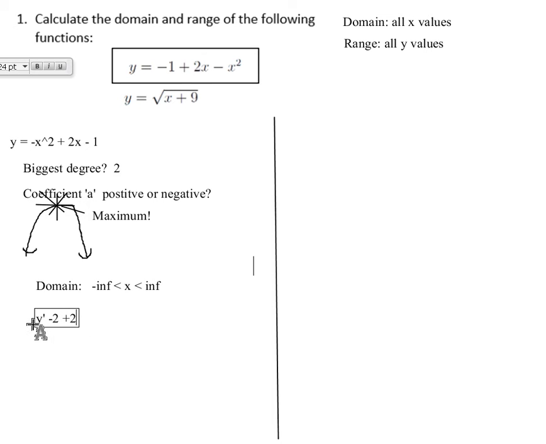So if y equals negative x squared plus 2x take 1, then y dash is negative 2x plus 2. Then we want to figure out what x is when y dash equals 0. If you work that out, you'll find that x equals 1.